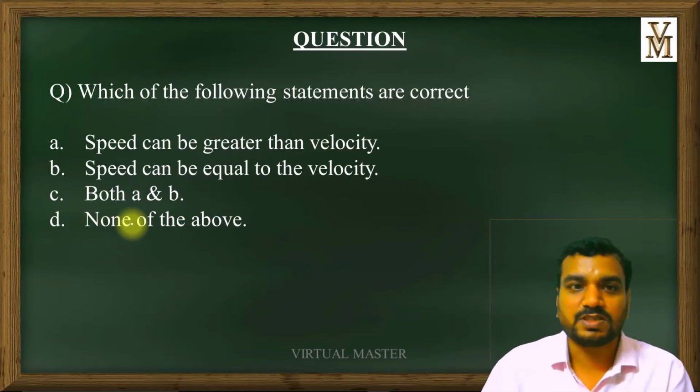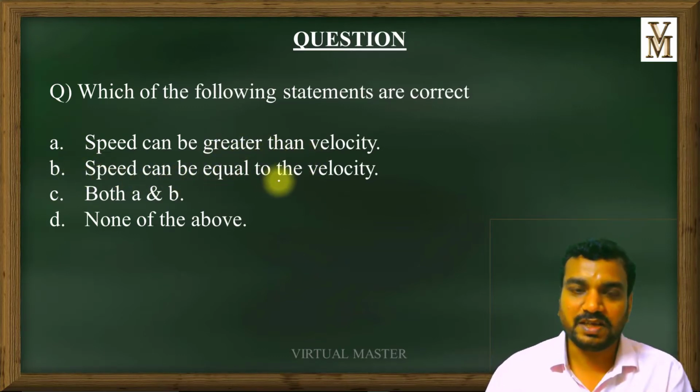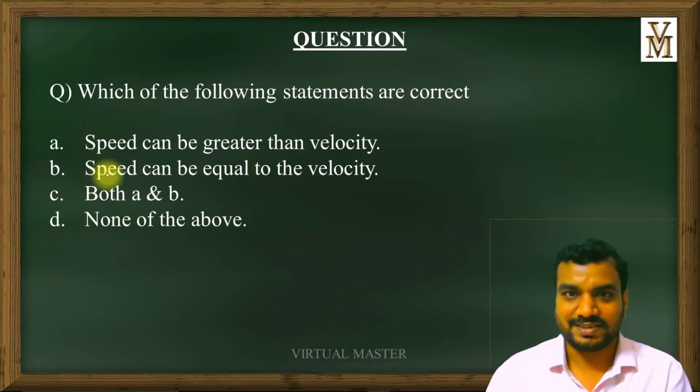I will repeat the question. Which of the following statements are correct? Option A, speed can be greater than velocity. Option B, speed can be equal to the velocity. Option C, both statements A and B are correct. Option D, none of the above statements are correct.